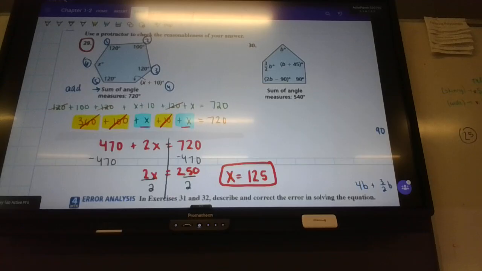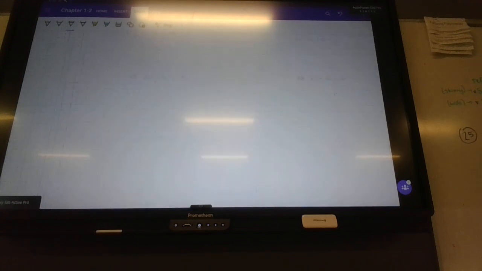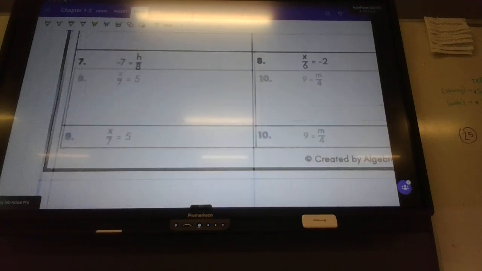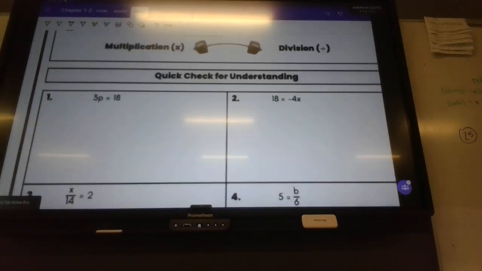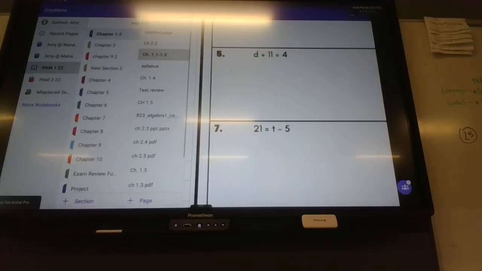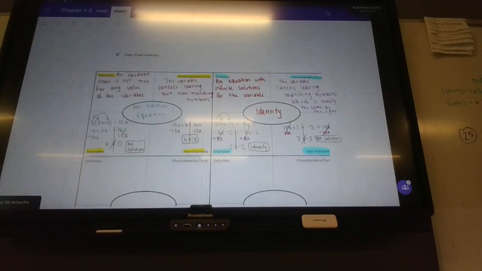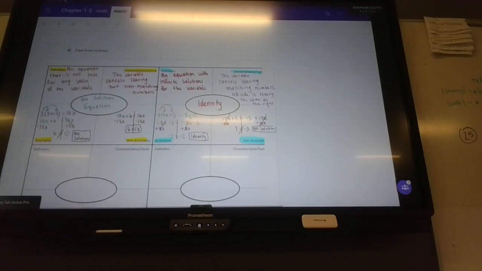Let's just check the answers from yesterday. Let's go to page 39 now. Just fill out a passing. Ooh, I really like that vocabulary handout yesterday.